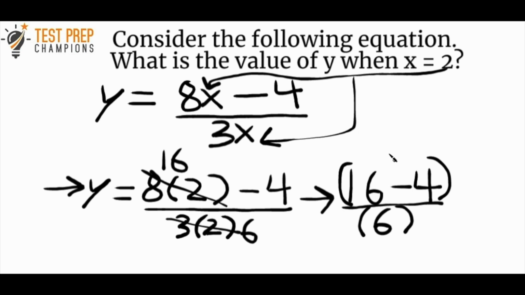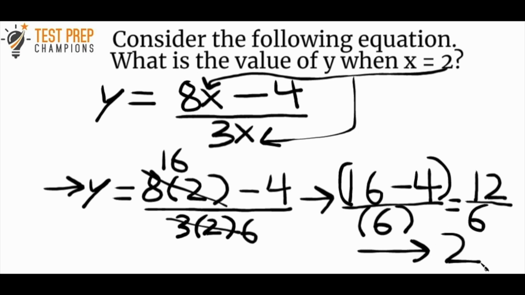So we do 16 minus 4 before we try to do any division. 16 minus 4 is 12, and now we have 12 divided by 6, which equals 2. Let me draw an arrow here to show that the answer is 2.